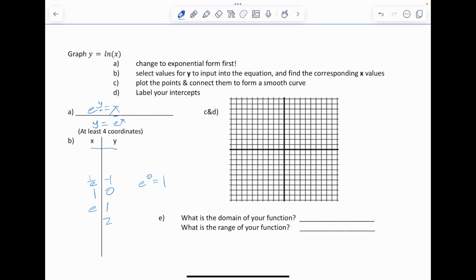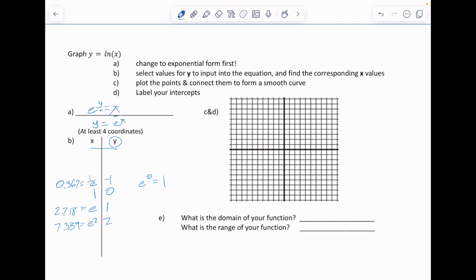It's going to give me e, and over here is e squared. Doing the actual math, I'm going to get 0.367, 2.718, and 7.389.